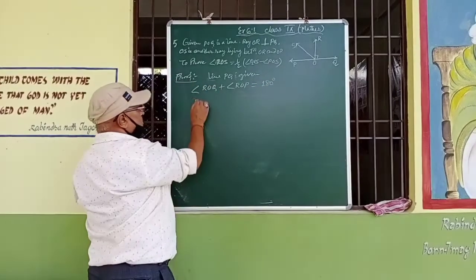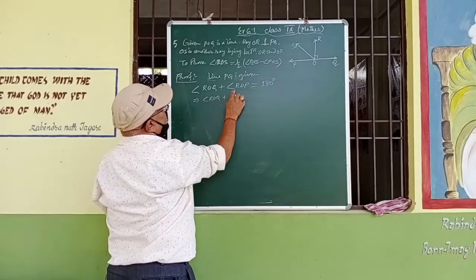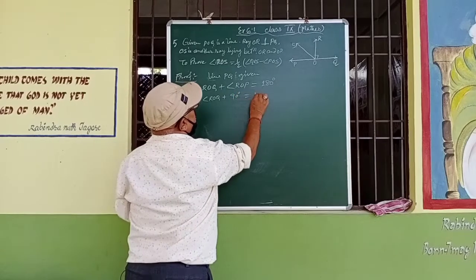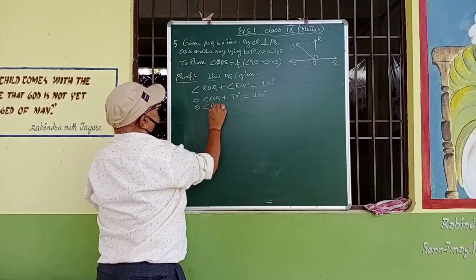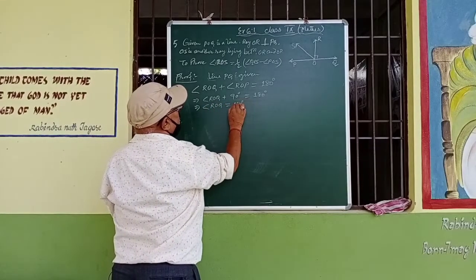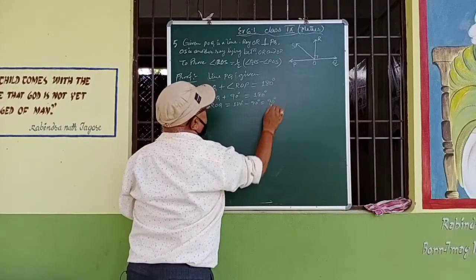We know this. Or ROQ plus ROP is 180 degree, each is 90 degree.